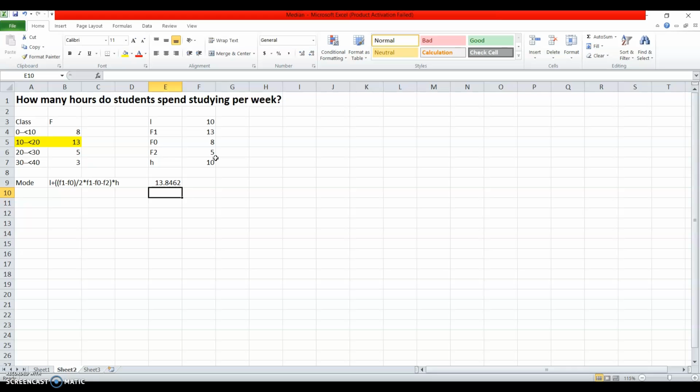We can round it up to 14, and we can say the mode is equal to 14. So this is how you calculate the mode of group data using Excel. I hope the tutorial was useful, and good luck.